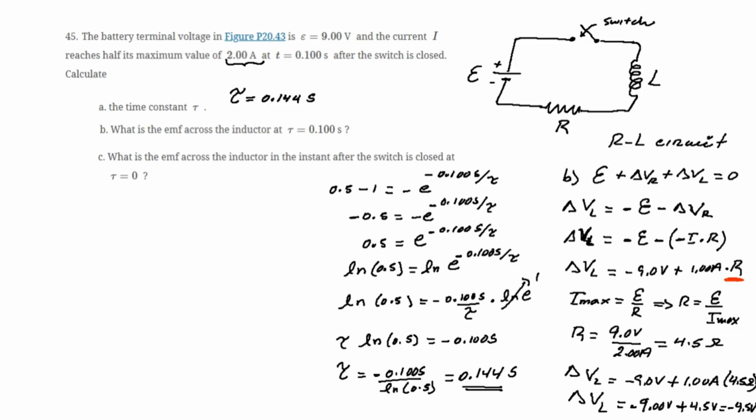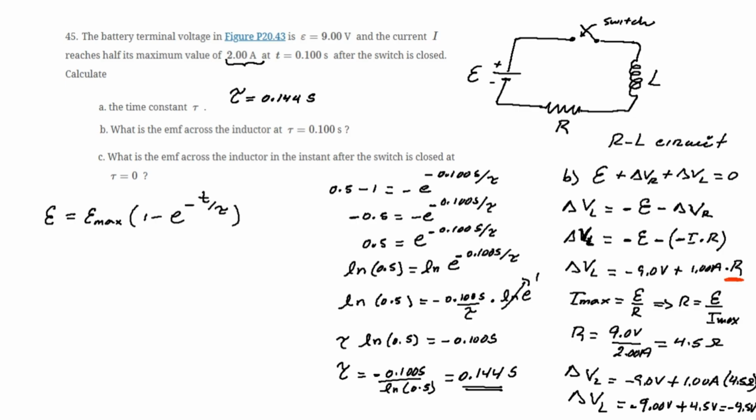So what about this part? You know that the electromotive force is equal to the E maximum times 1 minus e to the power of negative t over tau. Now, what happens?